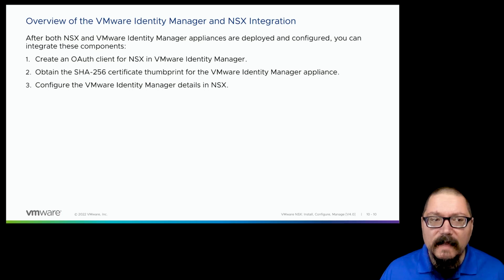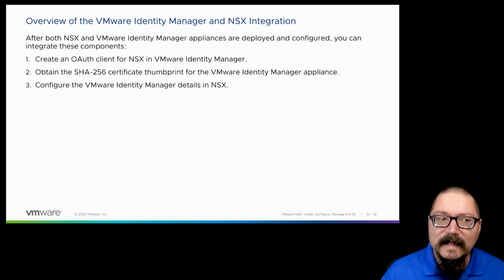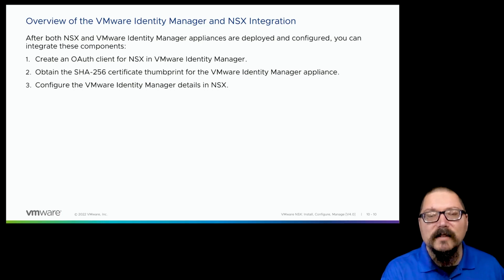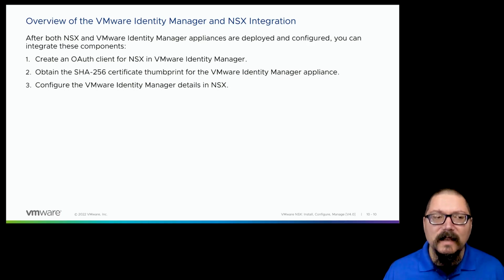We also have to think about our OAuth client configuration. Once we're attached to a directory, once Identity Manager has some place to go look for user accounts and actually do some authentication, we need to start preparing for the actual NSX integration, which means we need to create an OAuth client.